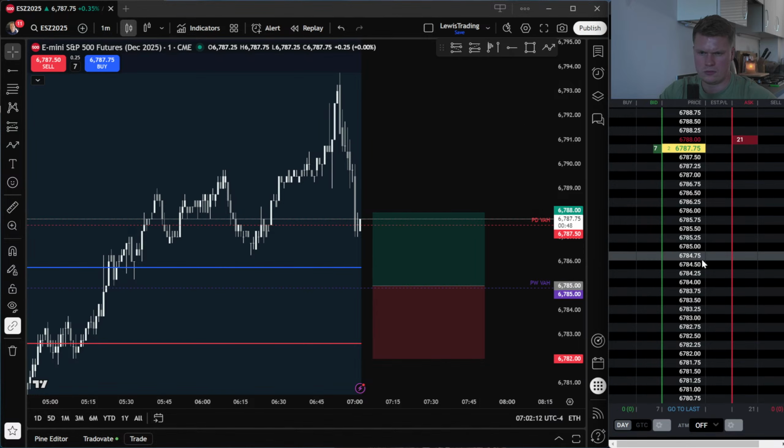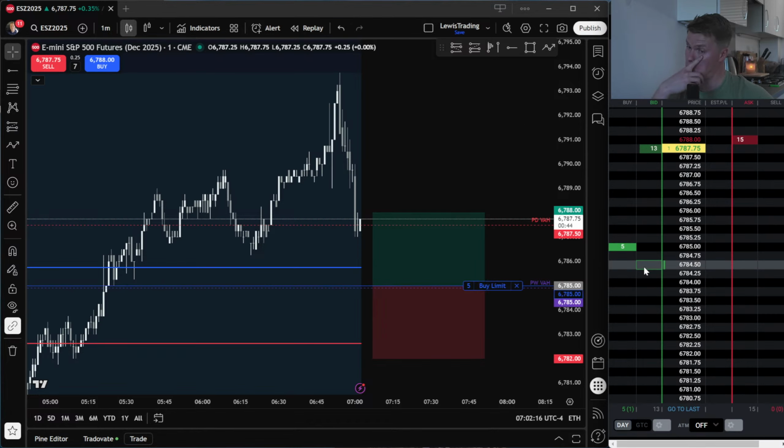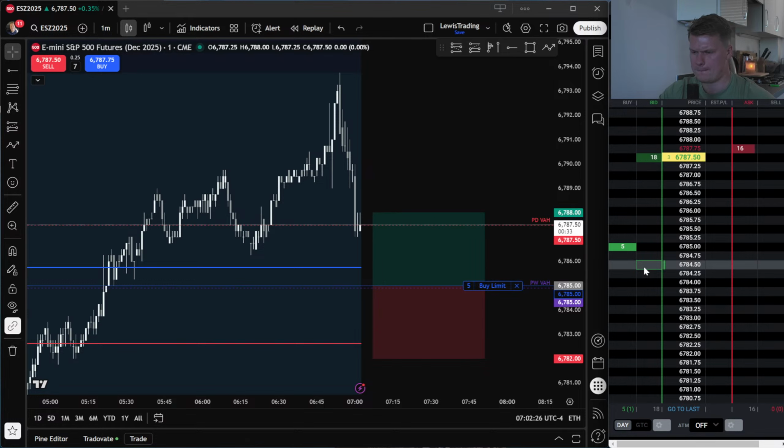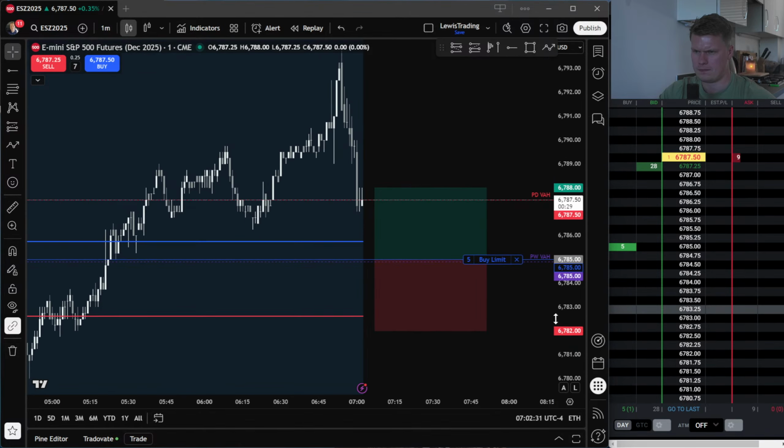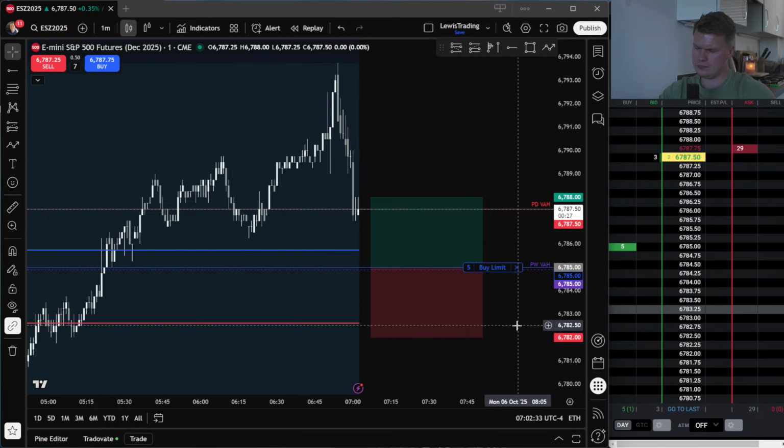Okay, that's 6785 for a buy. See if we can get a fill there. You might have to raise her up just a little bit. We'll just leave it there for now just to see if that's going to push down any more aggressive.